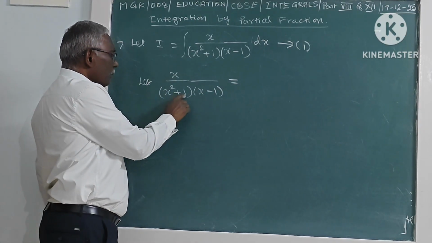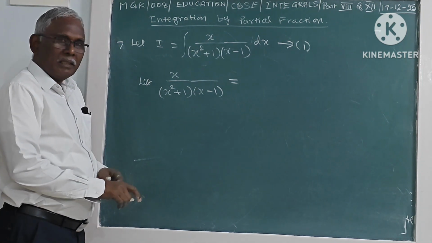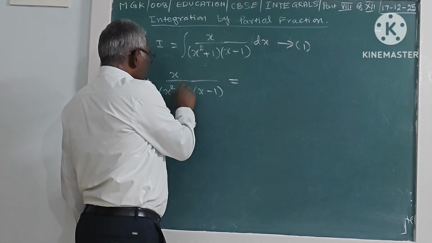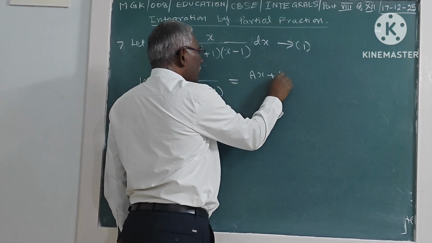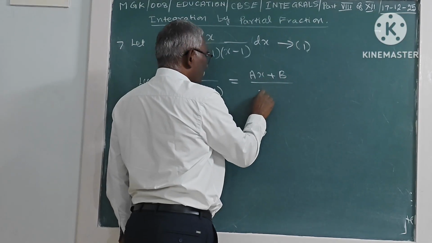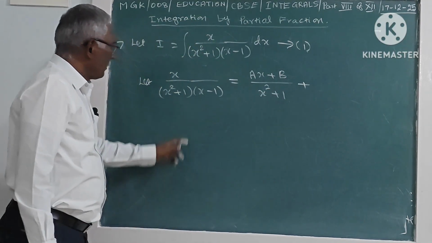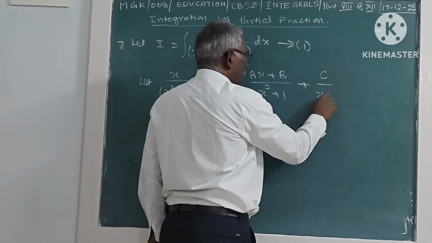So x square plus 1 is not possible to factorize further. So we can write ax plus b by x square plus 1 plus c by x minus 1.